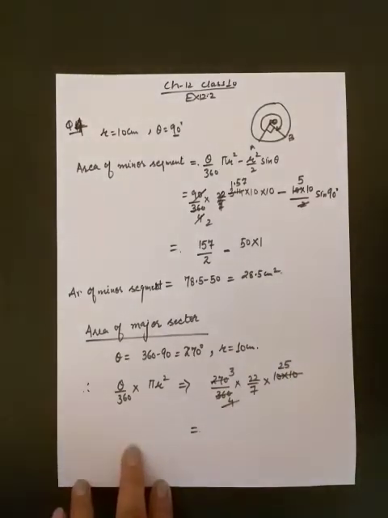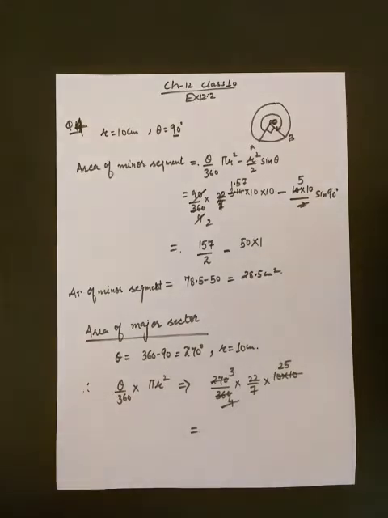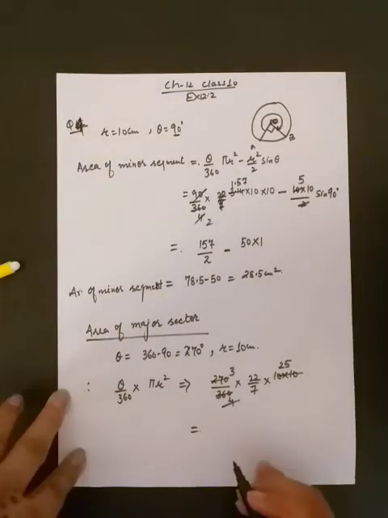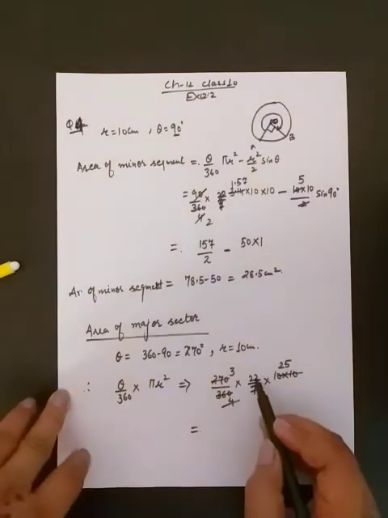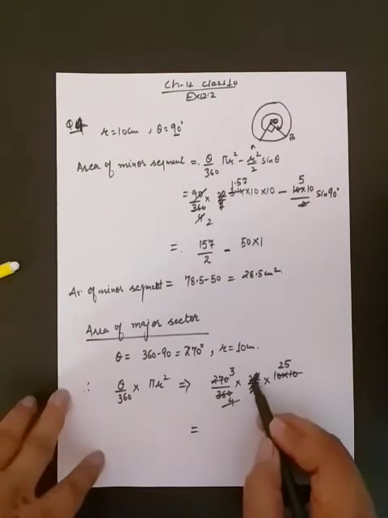And we can write it as... here we have to take pi is equal to 3.14.